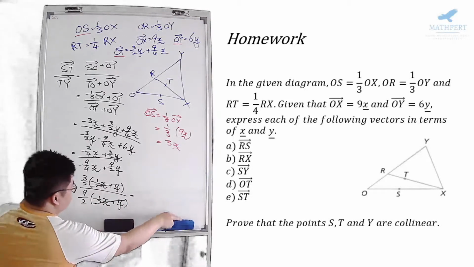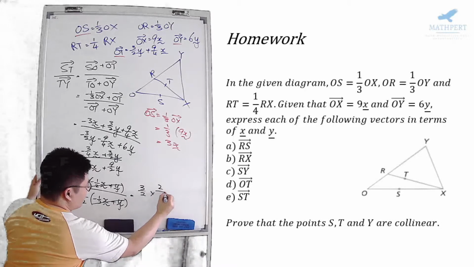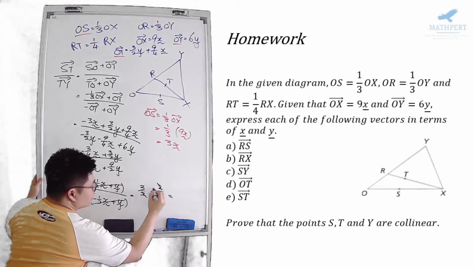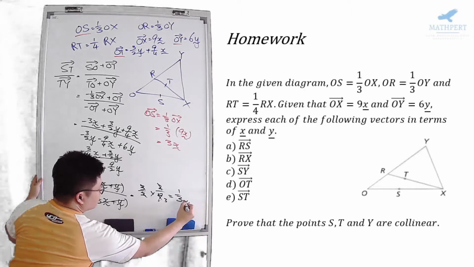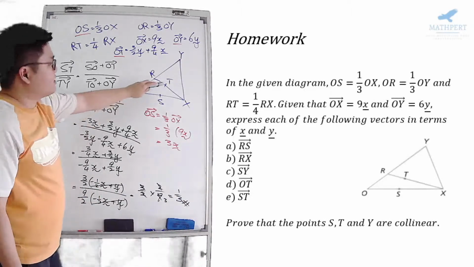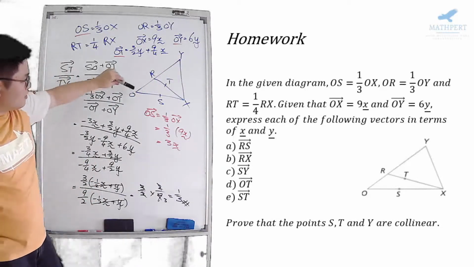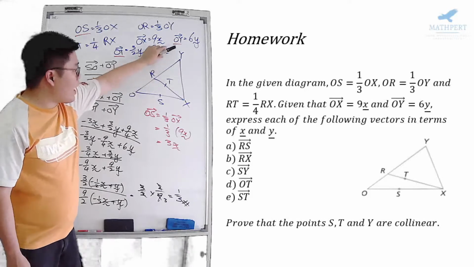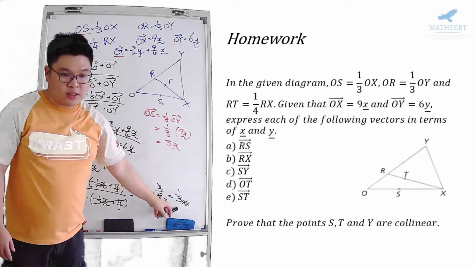And I will get 3 over 2 multiply 2 over 9, which is 1 over 3. So this proves that STY are collinear. Why? Because ST, this line, over TY, this line, is equal to a constant.